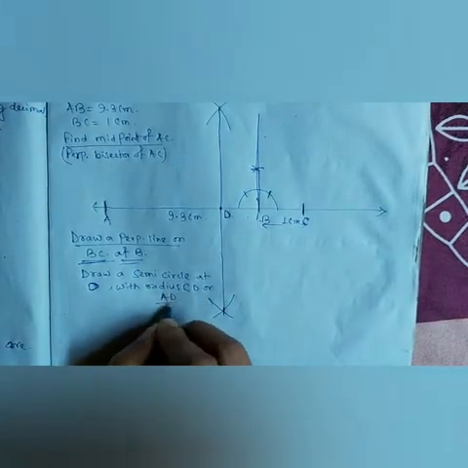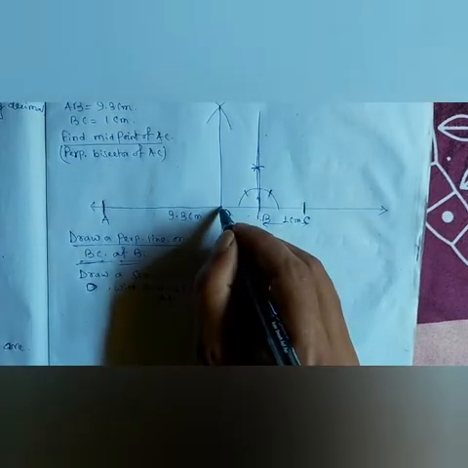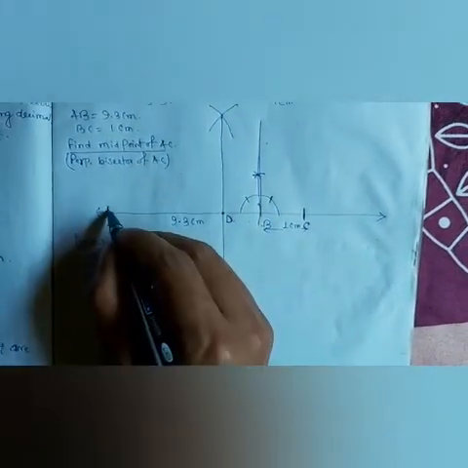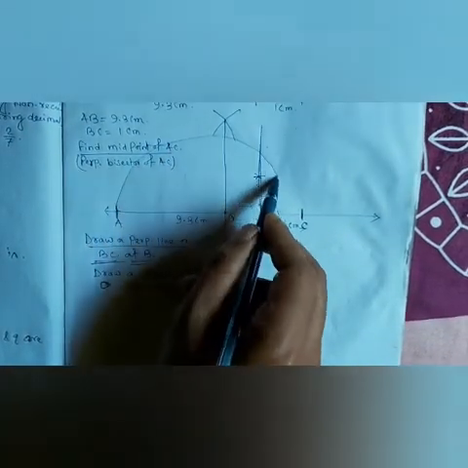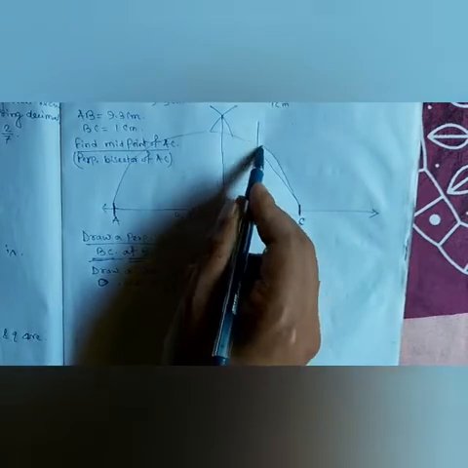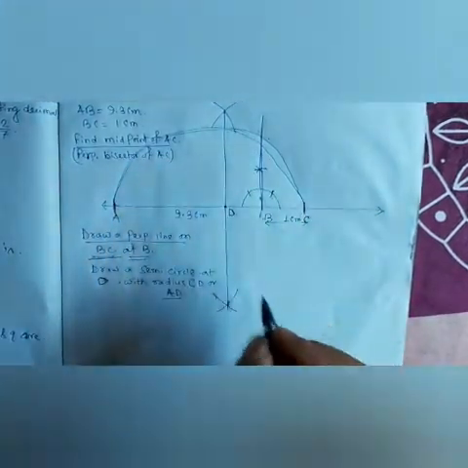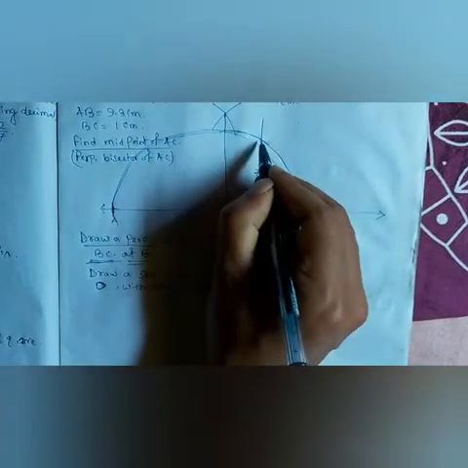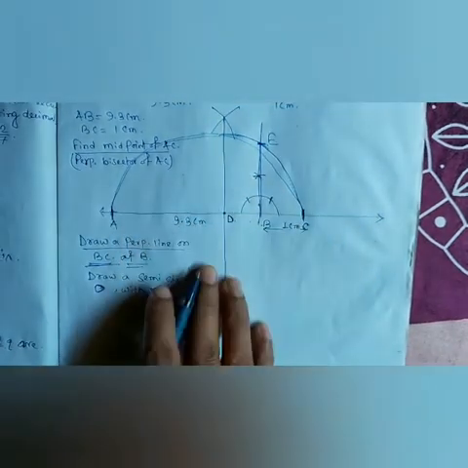Both are same because D is the midpoint of AC. So start from here, measure this one or measure this one, and draw the semicircle like this. And this point we have to note, this one is the E point.